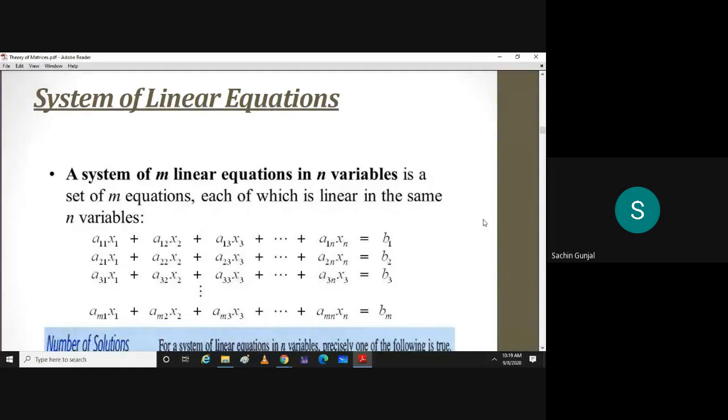C3 minus C2, C4 minus 2 C2, and C5 minus 3 C2. Got it? Yes, sir. Sir, can you repeat the first step which you mentioned?